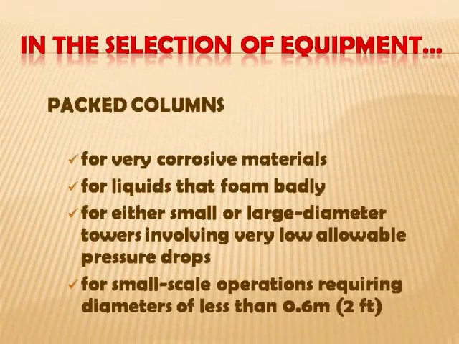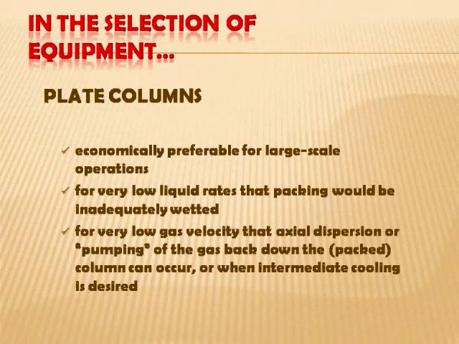Packed columns are chosen for very corrosive materials, for liquids that foam badly, for either small or large diameter towers involving very low allowable pressure drops, and of course for small-scale operations requiring diameters of less than 0.6 meters or 2 feet. While the plate columns may be economically preferable for large-scale operations.